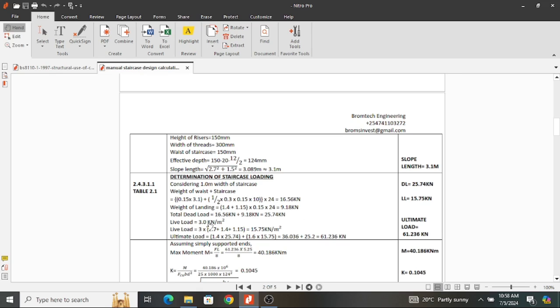For the live load, once you consider the British standard for loadings, you will realize that for a residential structure, staircase live load is supposed to be 3.0 kilonewton per meter squared. However, as the designer, sometimes you can change this value to even use 4, 4.5, or even 2.5.